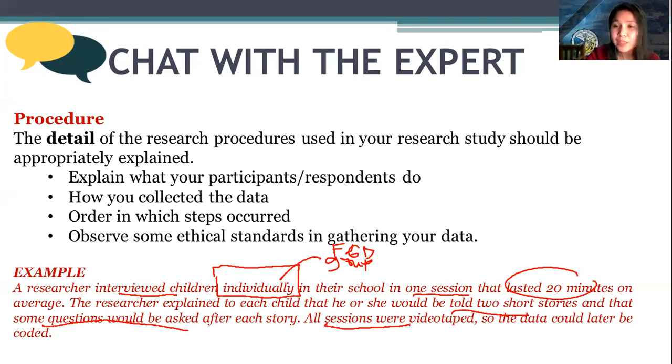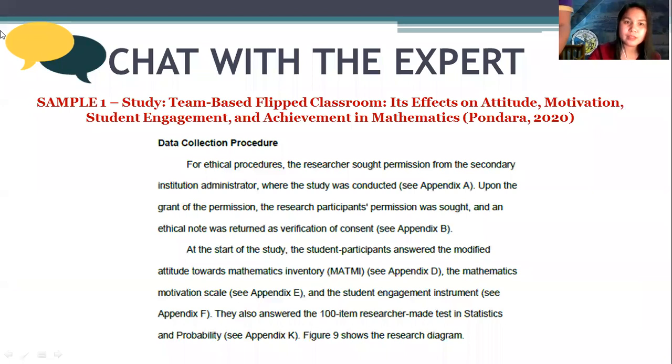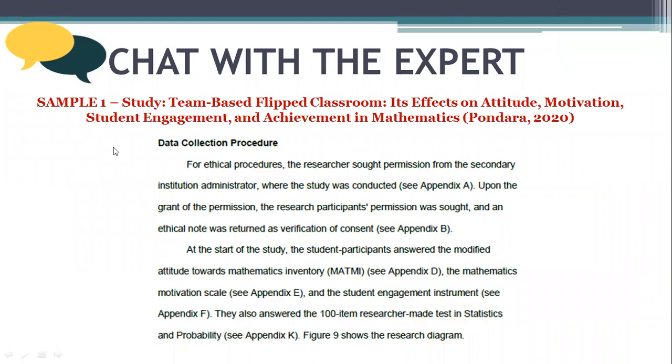Now, what are some examples? Let me give you an example here. I need to start with my ethical procedure. For my ethical procedure, the researcher sought permission from the secondary school administrator where the study was conducted.